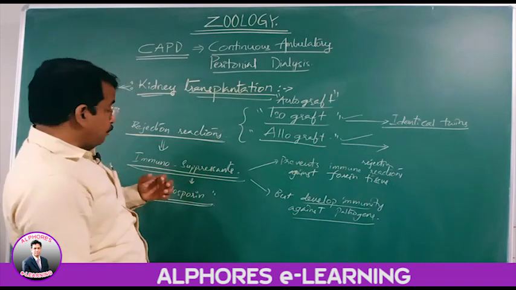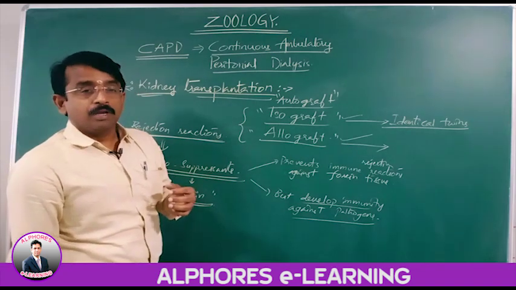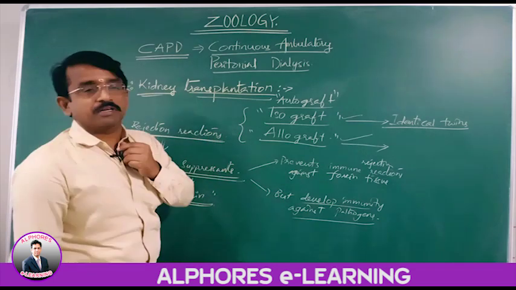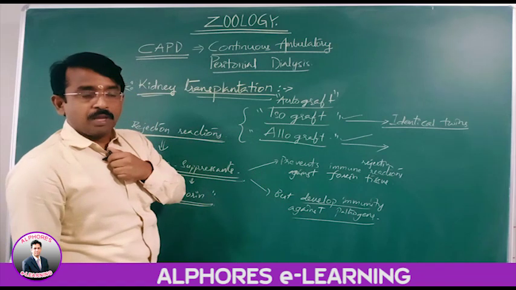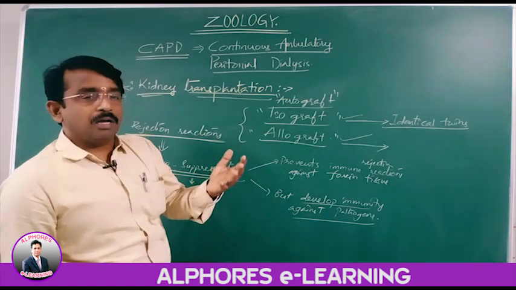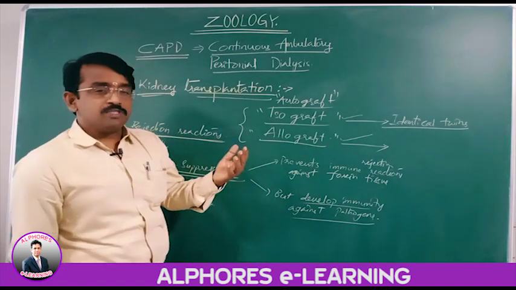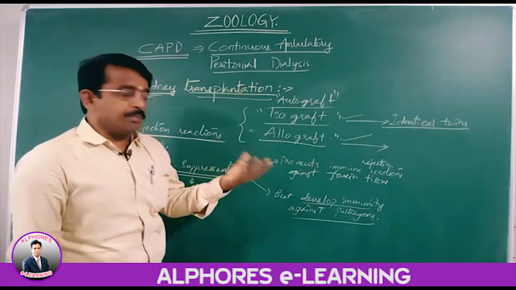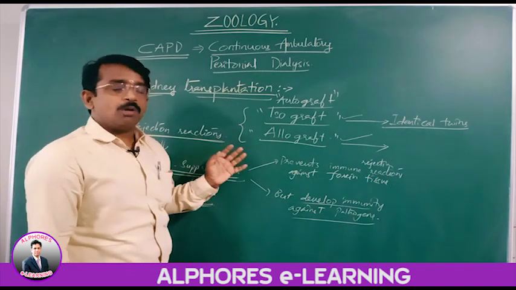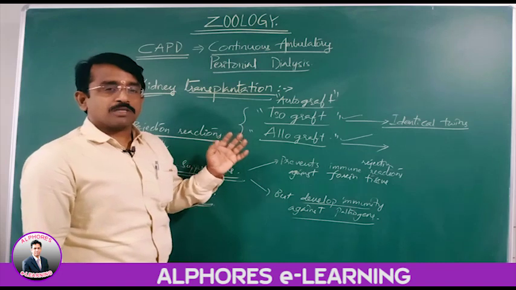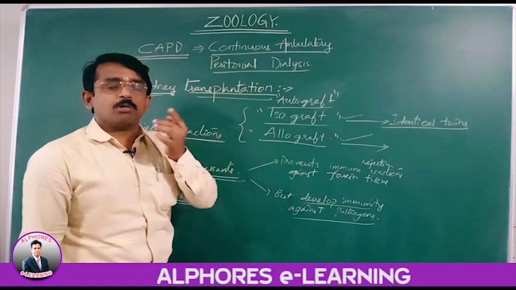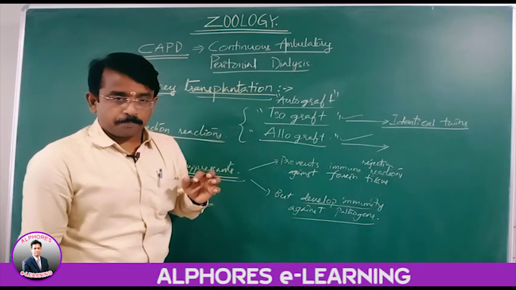The point to remember is that when both kidneys have failed, under that condition kidney transplantation is done. The old worn out kidneys, which are useless, remain in the body, and the new kidneys from the donor are connected to the artery and vein of the recipient, and the ureter is connected to the urinary bladder.